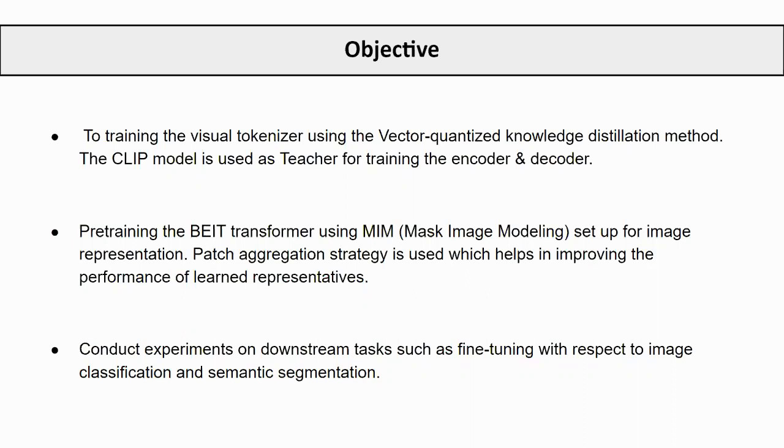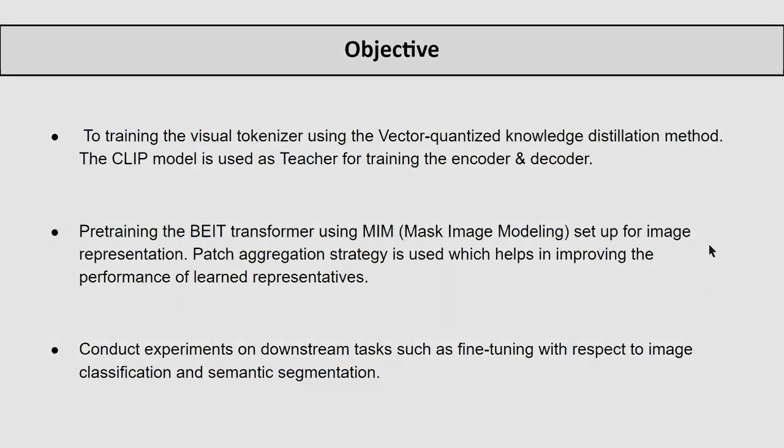The next part would be to pre-train BEIT transformer using the MIM technique and a patch aggregation strategy which would help improving the performance of my learned representation. Finally, the last step would be fine-tuning the pre-trained weight by appending a task layer on it. And this task layer can be image classification, semantic segmentation, etc.